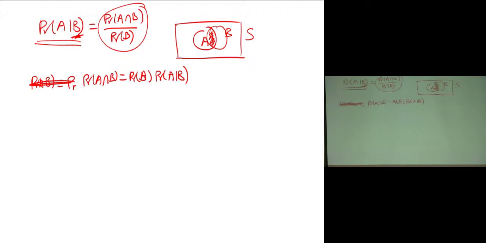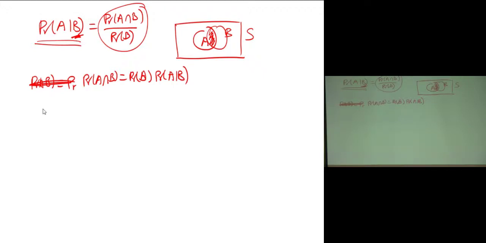If you want A and B together, first we look at the chance of B occurring, and then multiply by the probability of A occurring given B has occurred. This is called the multiplicative rule, but the name is not important.